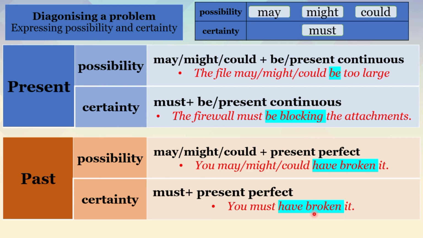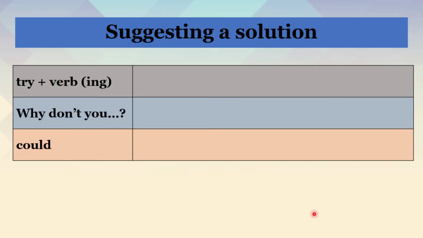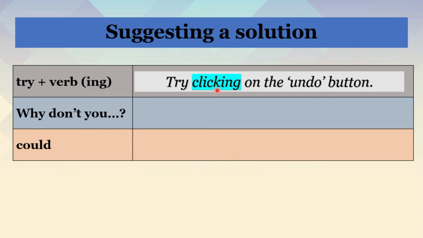Now let's look at ways of suggesting a solution. You can suggest a solution using try followed by verb with ing. For example, try clicking on the undo button. You can also use why don't you?